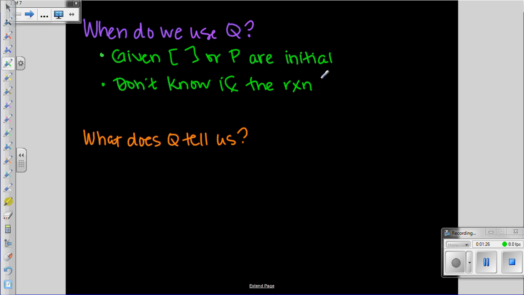Now, if you think about the previous video, we had initial concentrations. We were not given equilibrium concentrations, but we had an equilibrium constant, and we were told to determine equilibrium concentrations. What's different about using Q is we're often asked the direction of the shift.